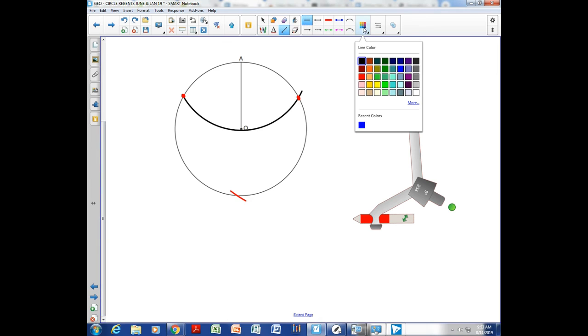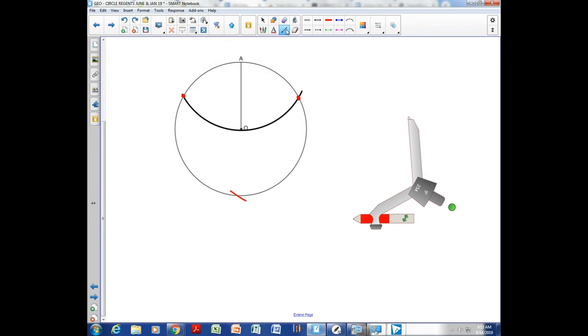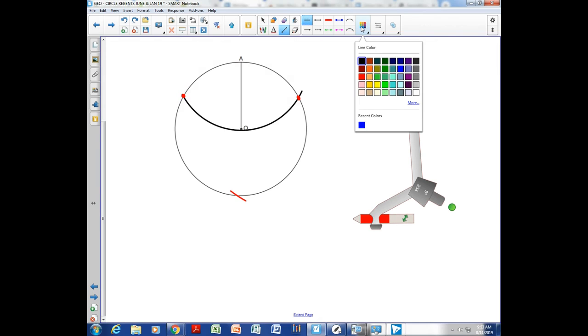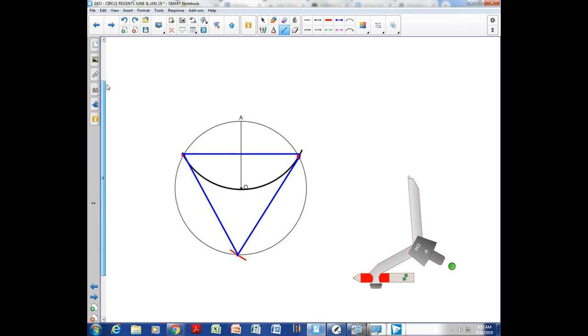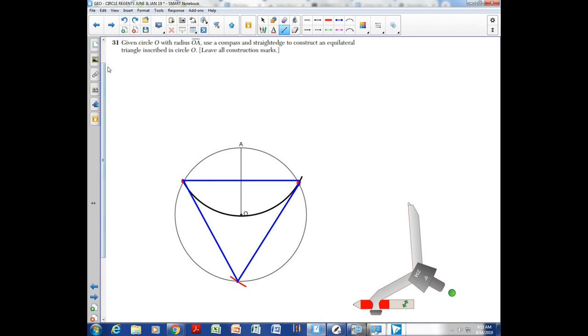So I'm going to finish off my construction by connecting. I'll do it in blue just to make it fancy. There's 1, 2, 3. And there you go. That's one way to inscribe an equilateral triangle into a circle.